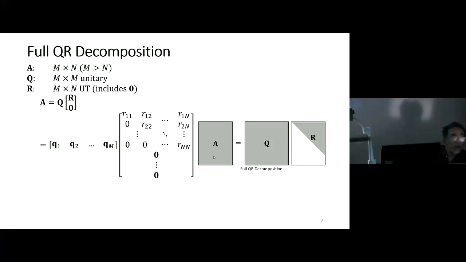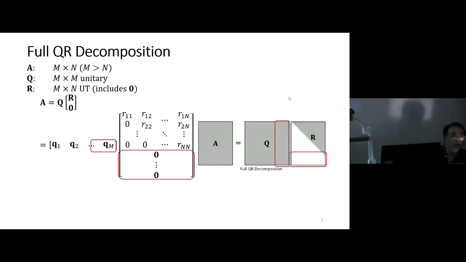Now, this is what it looks like visually. This is the matrix A. It's a tall matrix, M by N. This is Q, and this is R. The white region is all zeros. And so the last M minus N columns of Q are all going to get multiplied with zeros, right?